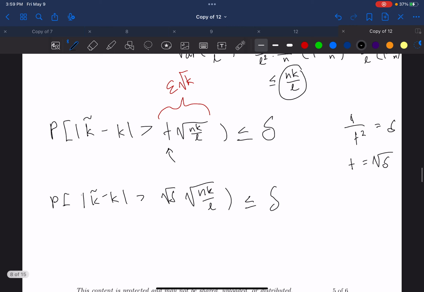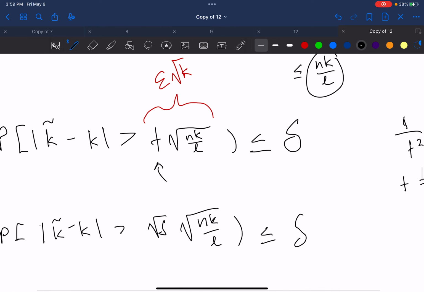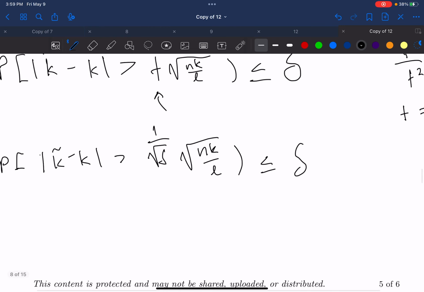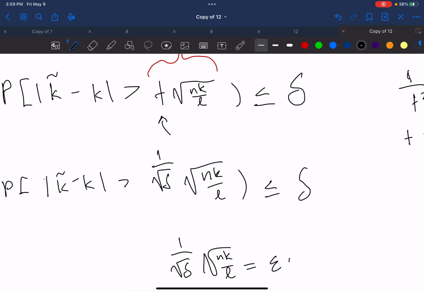And finally, we can make our final observation. We're going to essentially be picking a value such that these are equal. Oh, and as a quick note, sorry, this is 1 over square root delta. So then we have 1 over square root delta times square root nk over L is equal to epsilon root k.